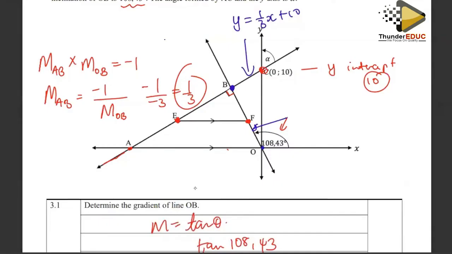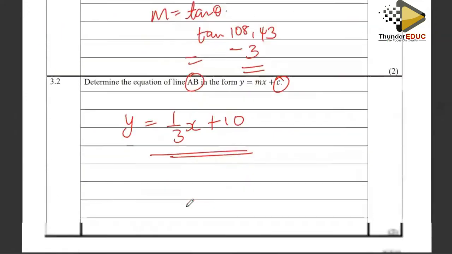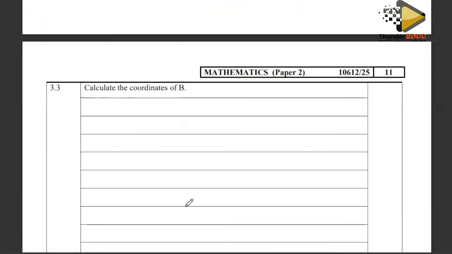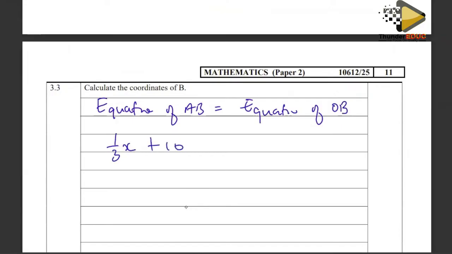So the equation of OB is simply y equals negative 3x. Then we solve these two simultaneously. I'm going to equate the equation of AB to the equation of OB. So 1/3 x plus 10 equals negative 3x, since everything is y.